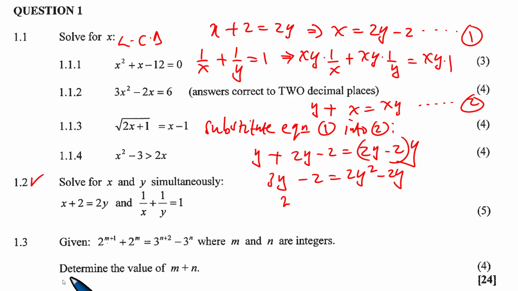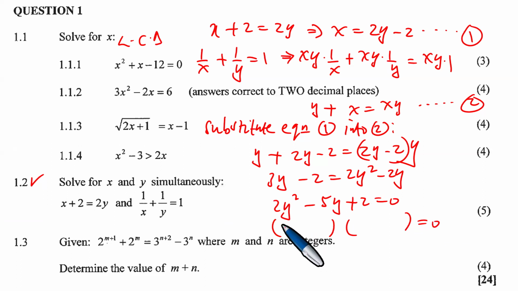At this point, we have the following. We have exactly 2y squared, and minus 2y minus 3y, which is exactly minus 5y, plus 2 equals 0. We are able to factor this, which means 2y and y.